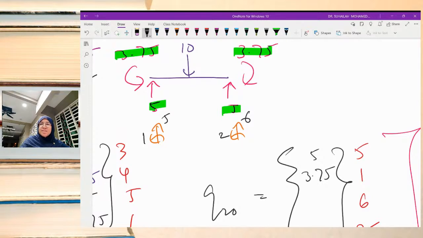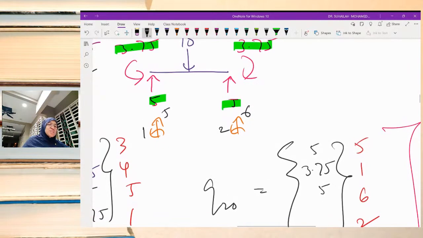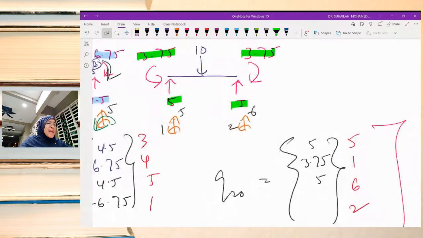Position 6, what is the value? It is 5. And the last value, position 2. What is the value? Yes, it is negative 3.75.